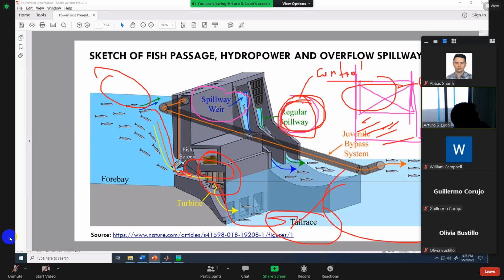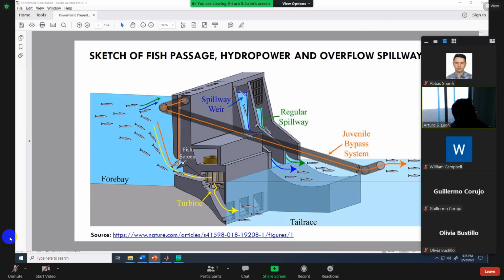What's the difference between the spillway weir and the regular spillway? The spillway weir is typically this shape. So this is the structure, and this is the water.